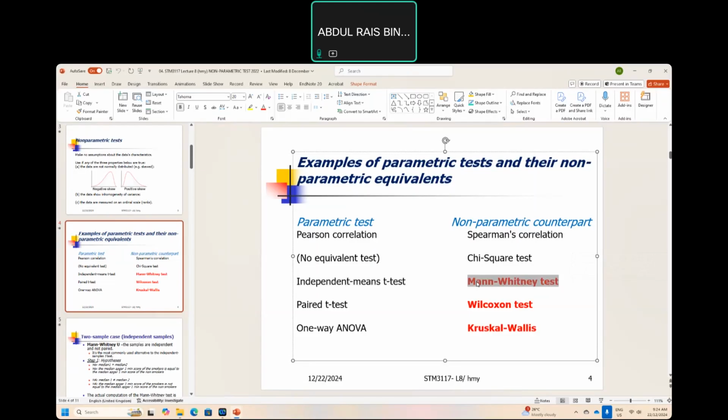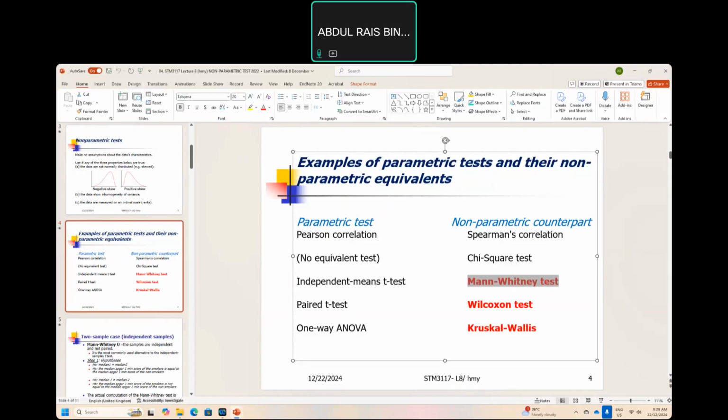For Mann-Whitney-U, you are actually comparing medians, and what it means is you will have to rank your data from highest to lowest to get the median value, and from there you will do the calculation to get the U statistic, and then compare with the critical value to determine whether there is a significance or not. You'll see the example in the video after this.